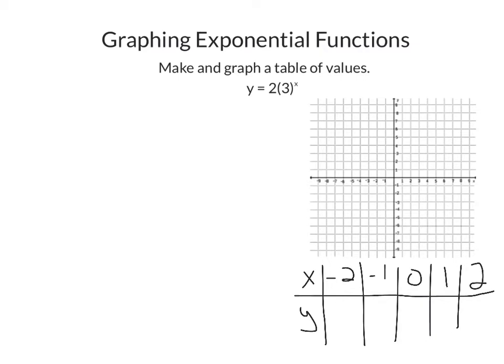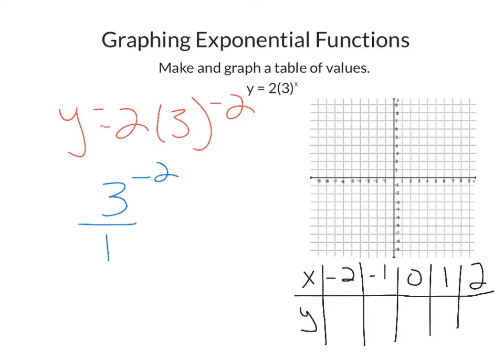So I've already got our table started up over here, and we're going to graph the function y equals 2 times 3 to the x. So let's start plugging in our values. If I plug in -2 for x, I get y equals 2 times 3 to the -2. Remember, the rule is with negative exponents, we're going to take our 3 to the -2 and make it a fraction over 1, and we flip the fraction and get 1/3 and make the exponent positive.